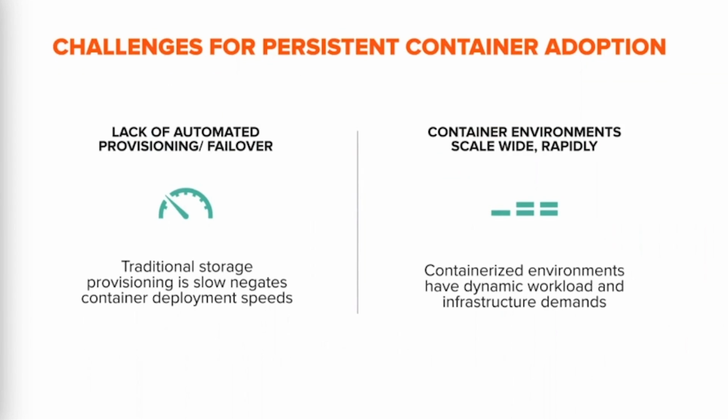Obviously, the challenges in the past for persistent type applications have been the lack of automated failover and provisioning, and also being able to scale alongside it. So scale independently in a more cloud-like fashion, where now I'm able to repave and reuse compute nodes without data being tied to those nodes. I can now scale independently.